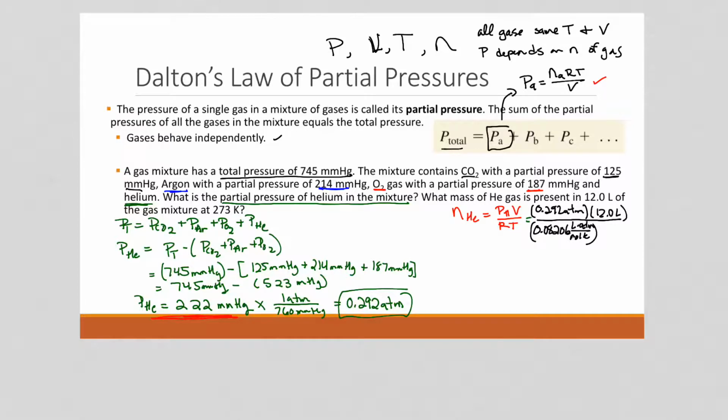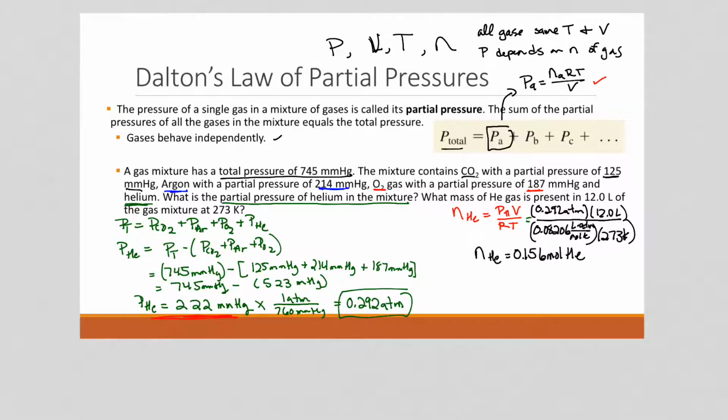And our temperature was 273 Kelvin. So if I do that, I get n, moles of helium, equals 0.156 moles of helium.